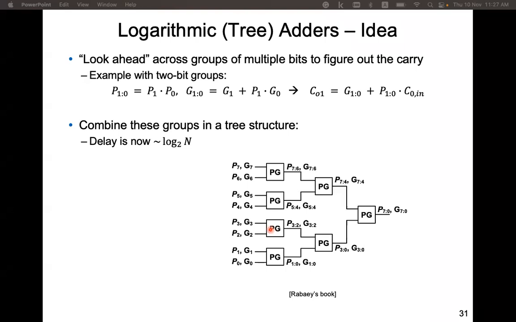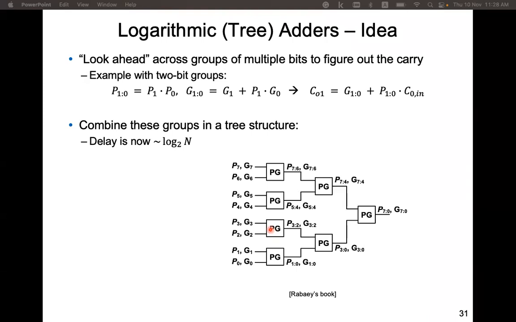Then the total number of gates is about 2 to the n. This minus 1 is something minor.